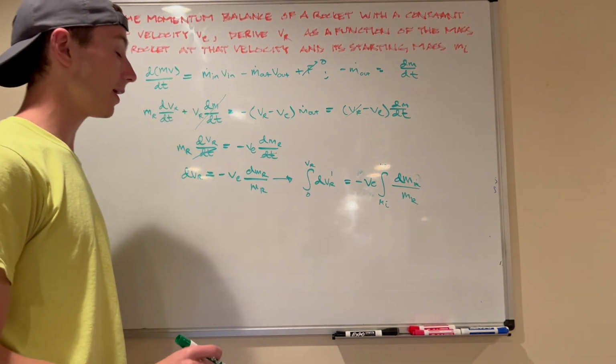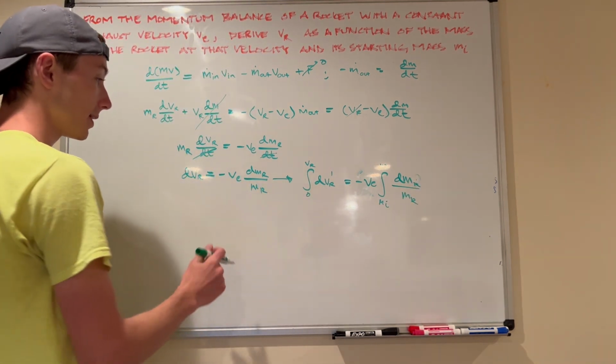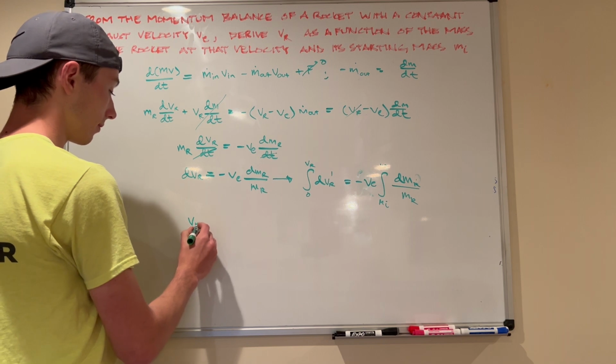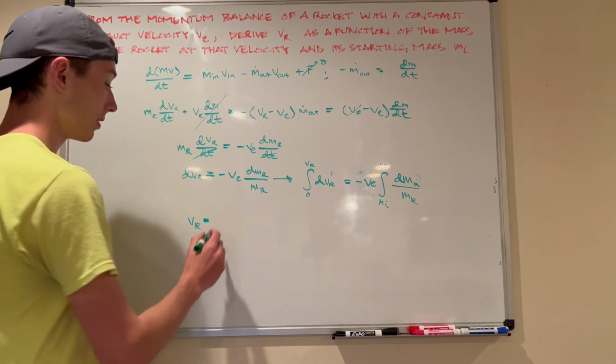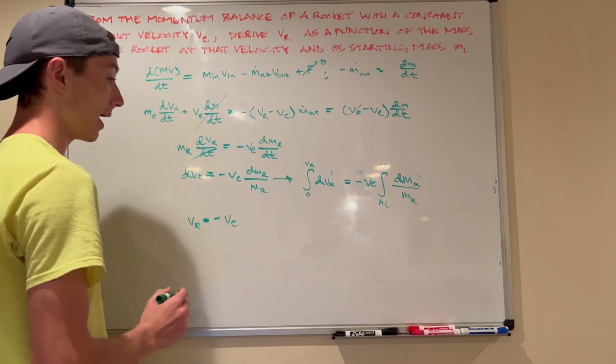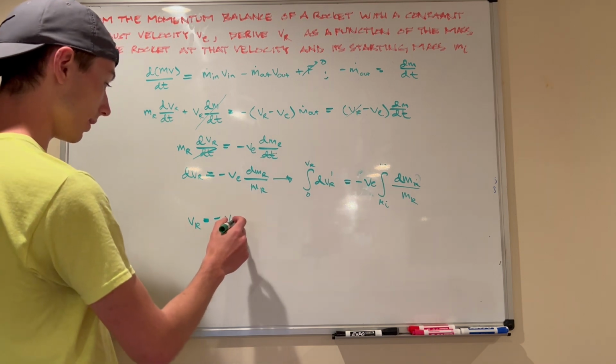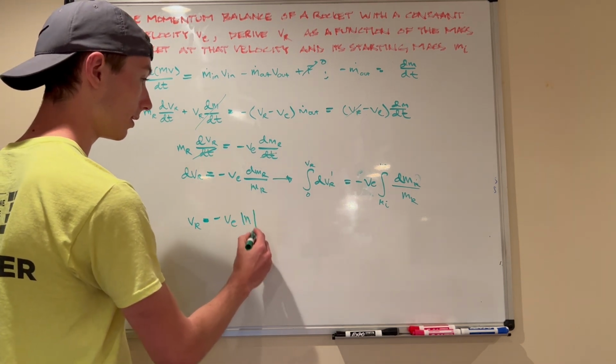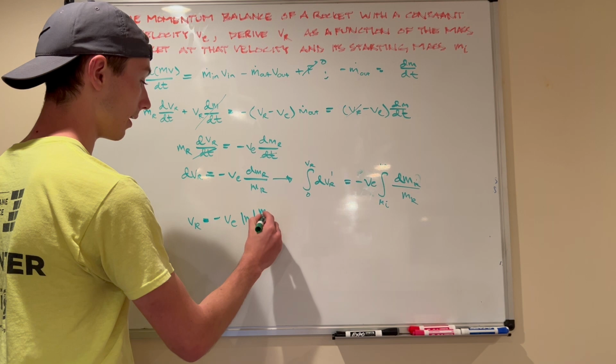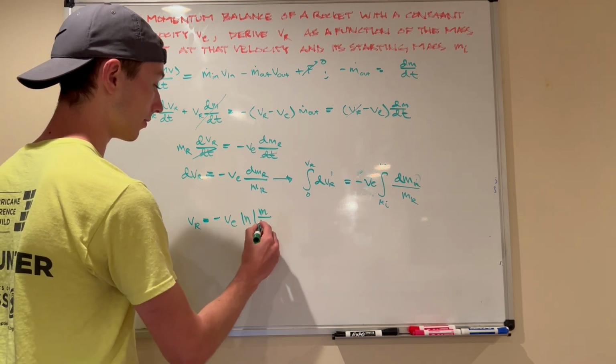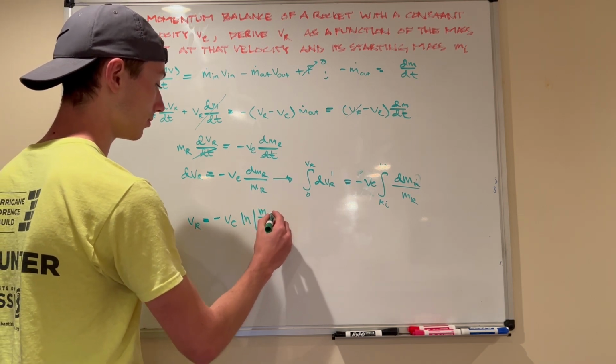All clear. If we go ahead and integrate this, we're going to get VR equals negative VE times the natural log of m over m initial.